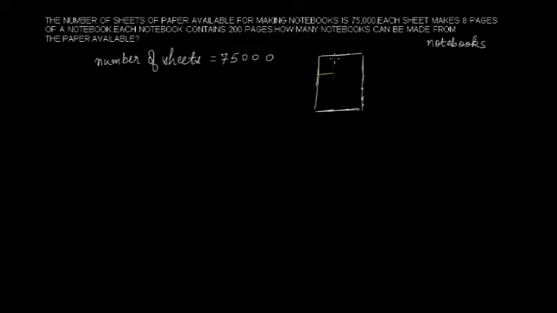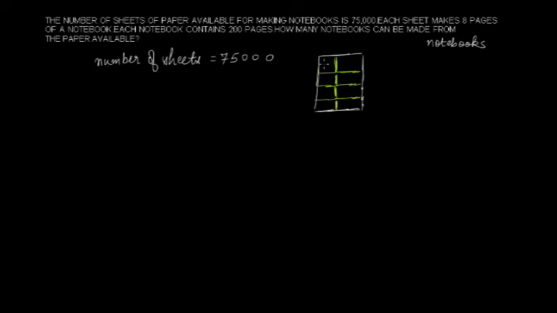So this is the first page, this is the second page, then the third page, this is the fourth page, and let me draw it a little smaller: 1 and then 2, 3 and then 4, 5, 6, 7 and 8.